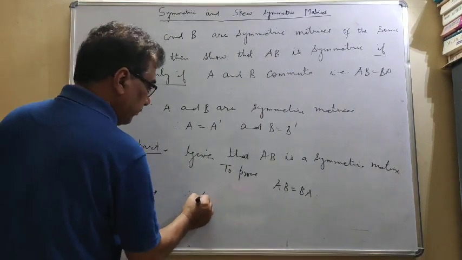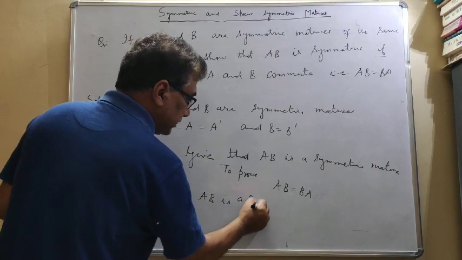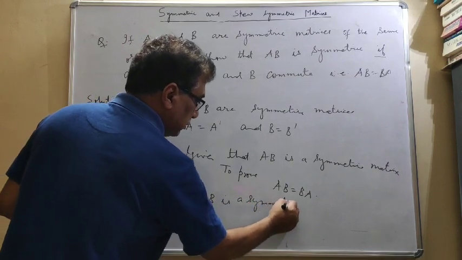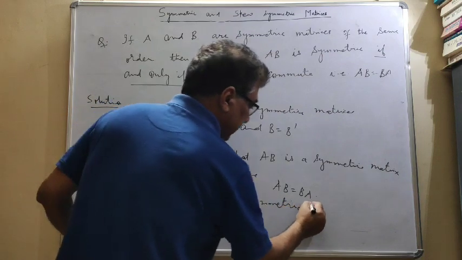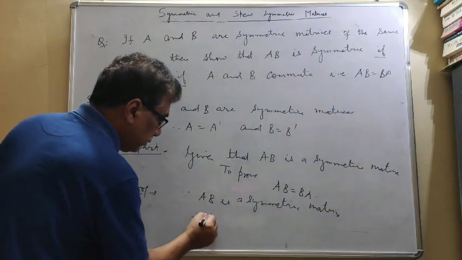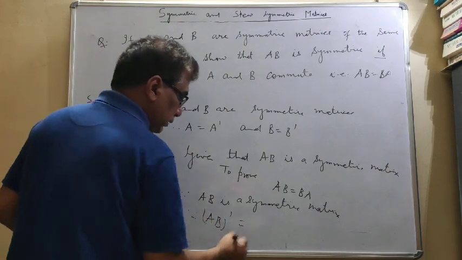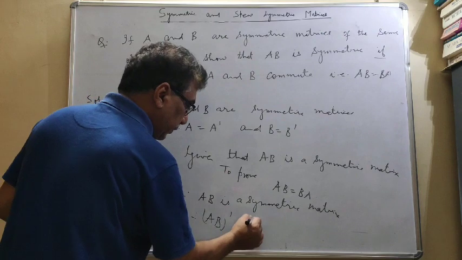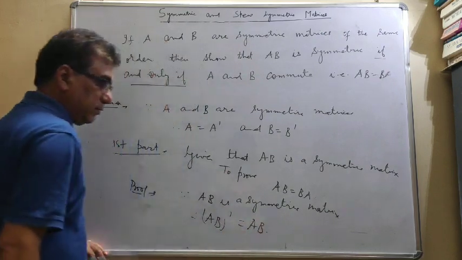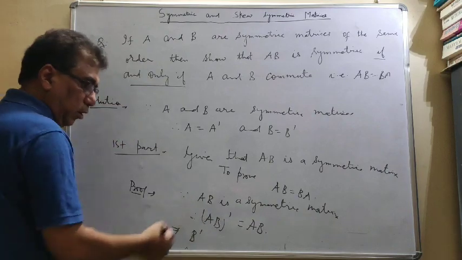Since AB is a symmetric matrix, therefore the transpose of AB will be equal to the matrix, and then let us apply the law of transpose.